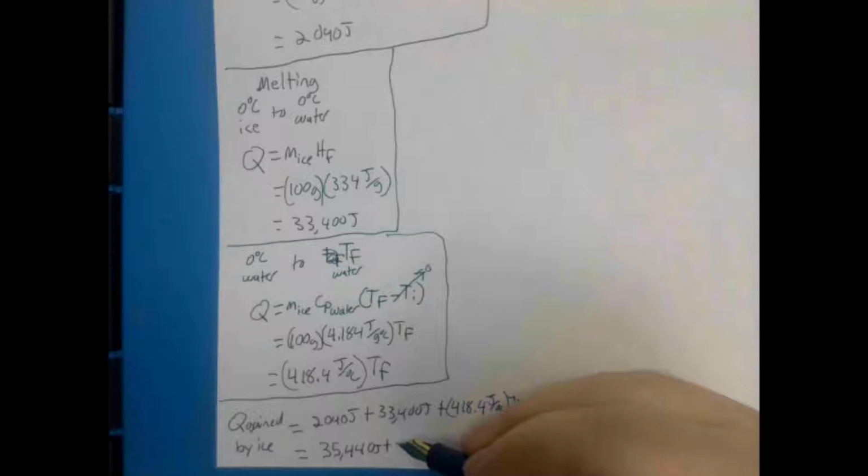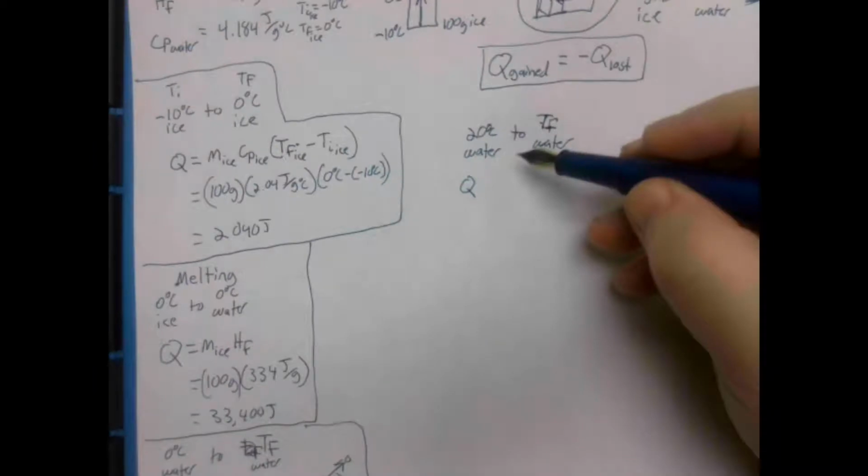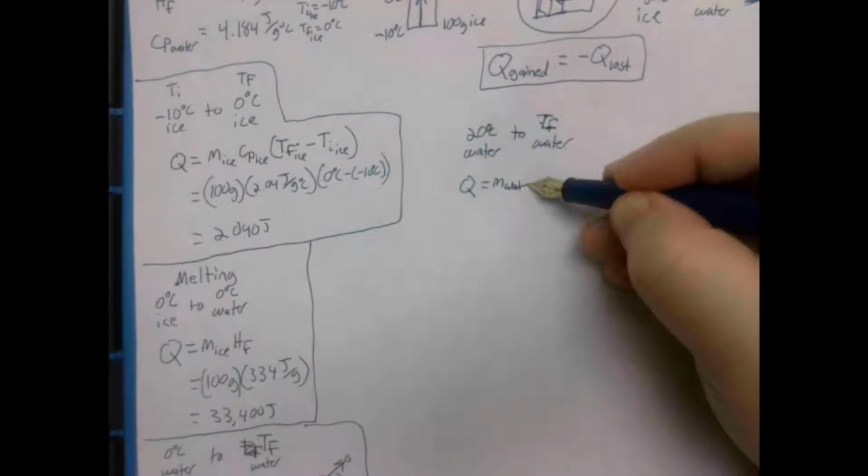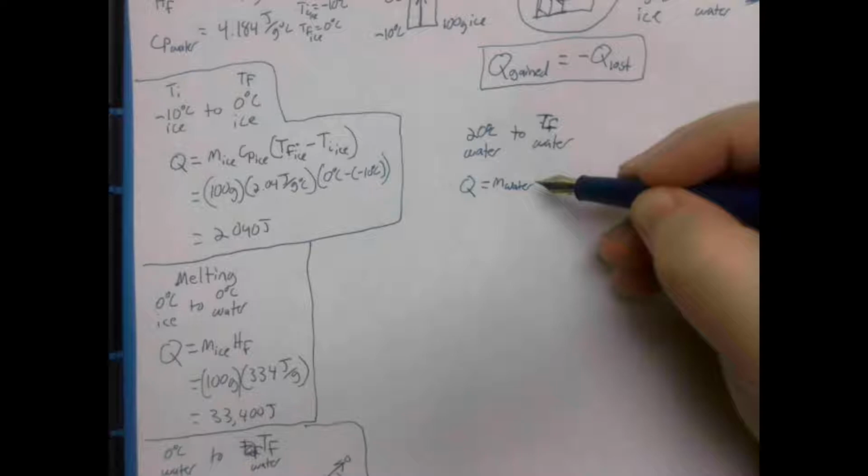Now let's look at the heat loss section. The water is going to start out with 20 degrees Celsius water, and it's going to go to some final temperature, water. So this is going to be a change in temperature, water to water. So we do the mass of our original water times the Cp of water, and then we're going to do final minus initial.